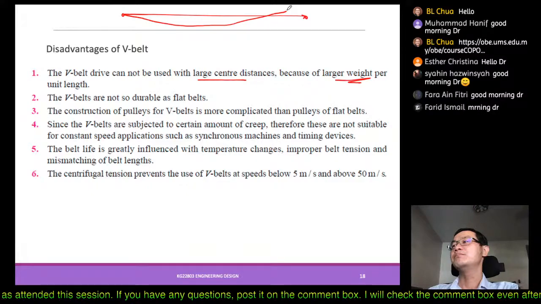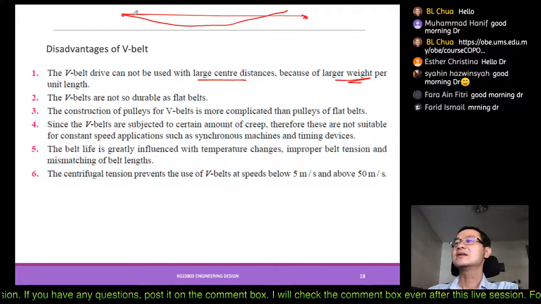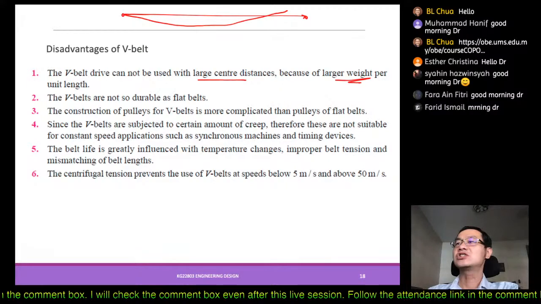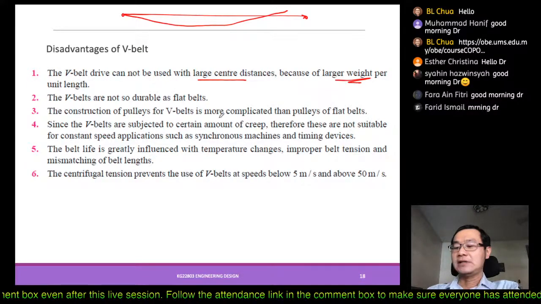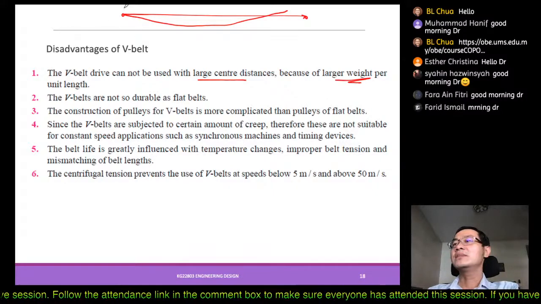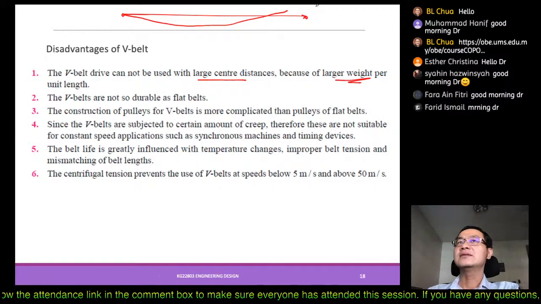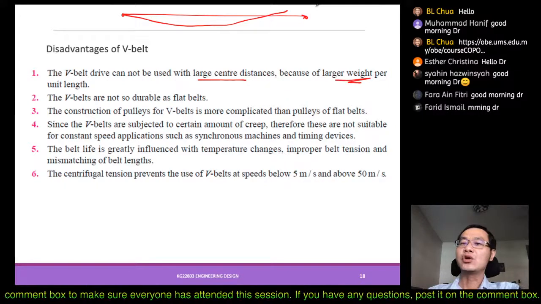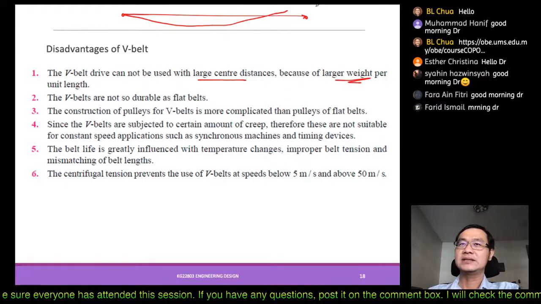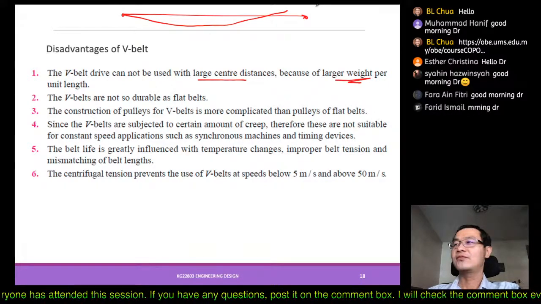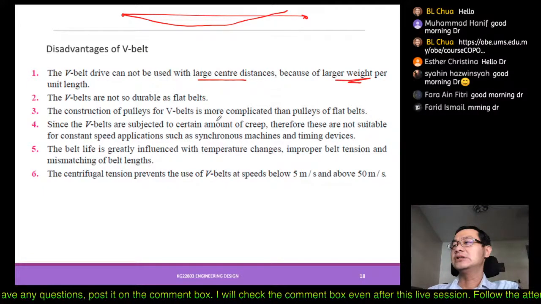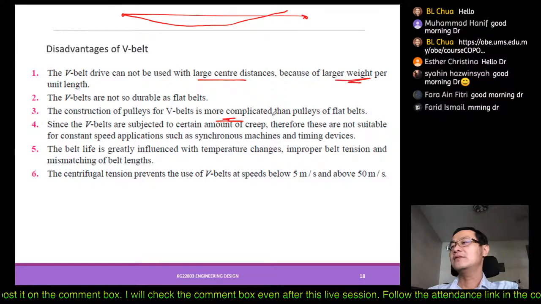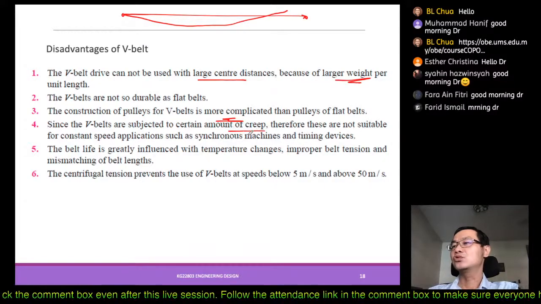And because of this you have other problems when the stretch is too long. Therefore if it is very long from one end to the other, then most probably you may need to consider another type of drive. The construction of the V belt is more complicated for sure, and then it's subjected to creep and other things.